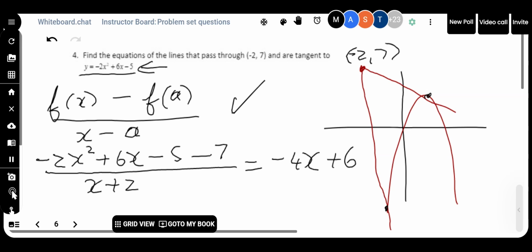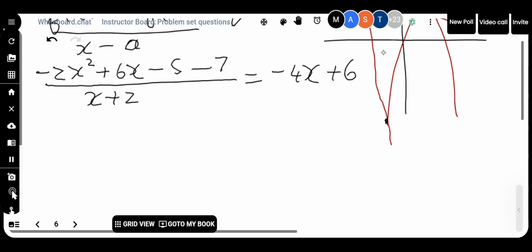So what I'm going to do now is solve for x, because this looks like something that has only one variable, and that variable is x. So let's see if we can do this. I'm going to cross multiply to do this. Put this over 1. I'm going to take the bottom of this side and multiply it by the top of this side, right?